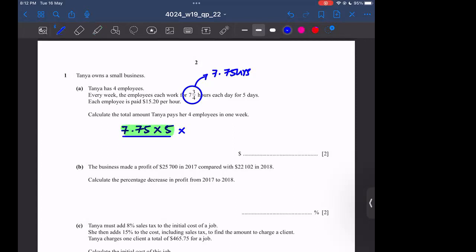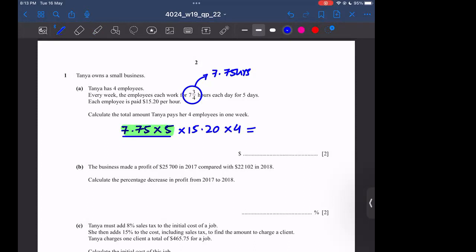Now we are going to multiply these hours with the rate, that is $15.20 per hour. So I'm going to have the salary of only one employee for a week. Now, since we have 4 employees, I'm going to multiply this quantity with 4 as well to get the total amount Tanya pays for 4 employees in 1 week.